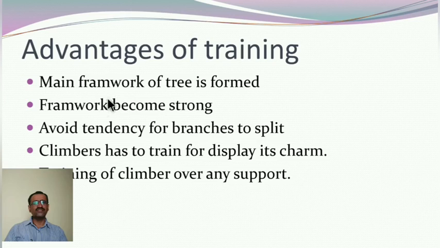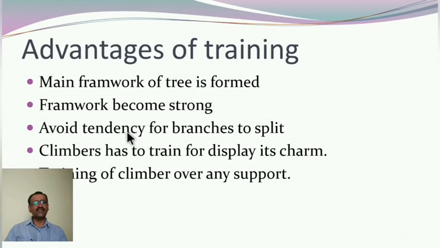The second one is that the framework becomes strong and breaking of the tree is avoided when it is heavily loaded with fruit and flowering. The third one is that in some trees there is a tendency of branches to split from the trunk or from the larger branches, and this causes wounds that are difficult to heal and large open spaces in the tree.